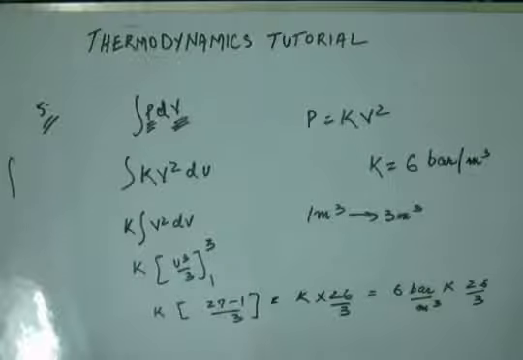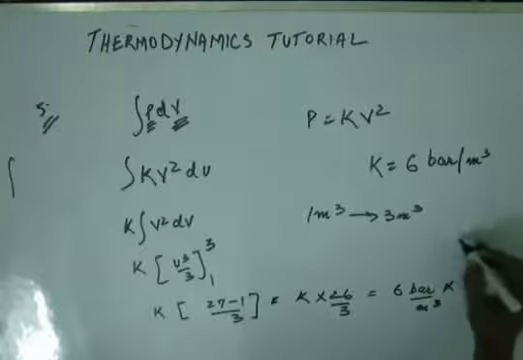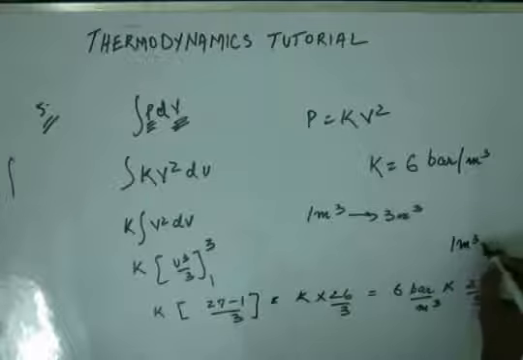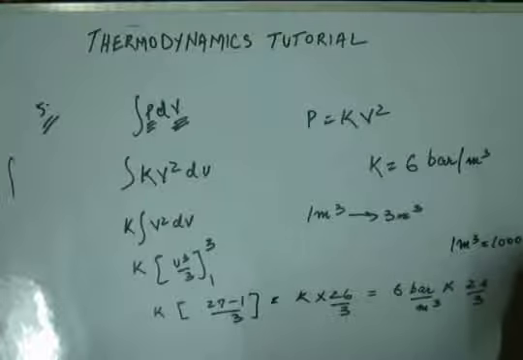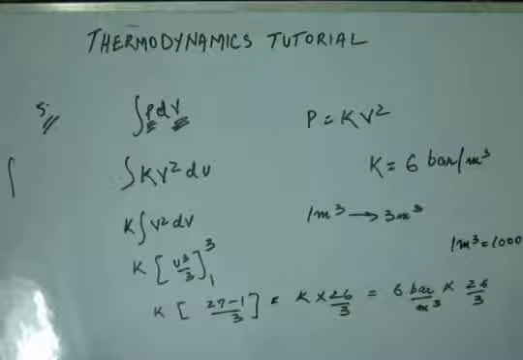Alright, so when you do it, you must know the conversion factor that 1 meter cube is 1000 liter. And the conversion factor of bar and Pascal, I believe I have told you before. When you do it, you will get 5200 kilojoule.